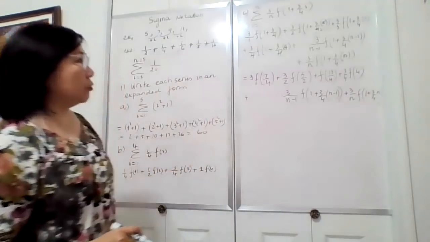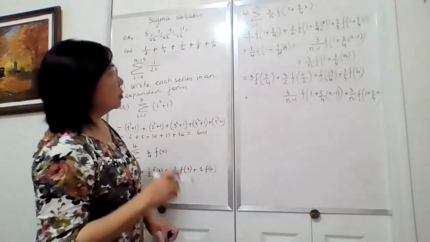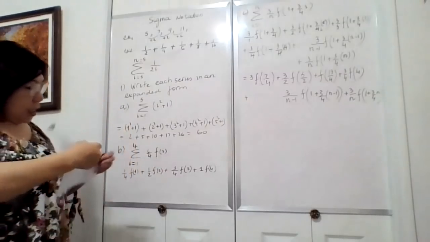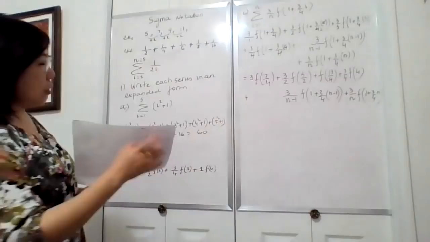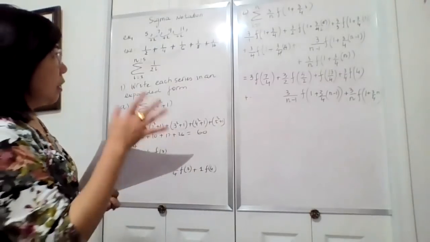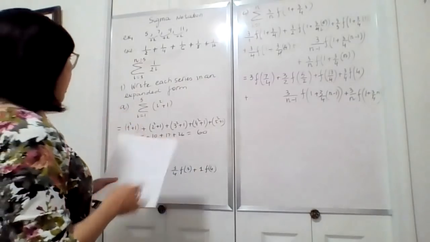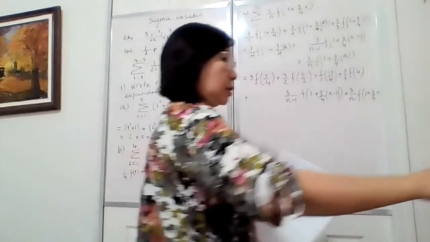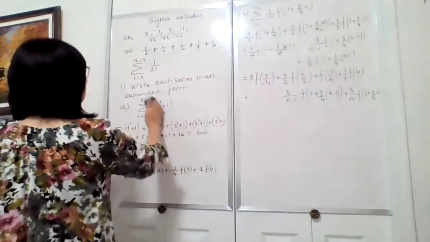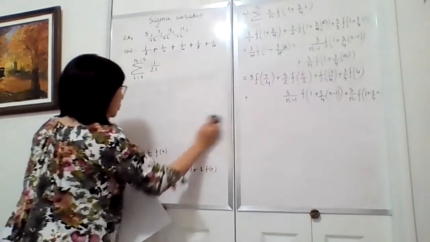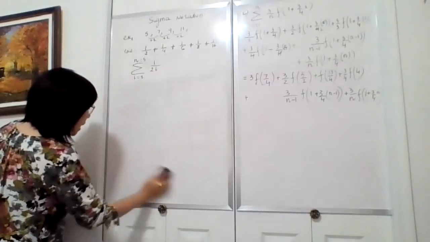That's we simplify a little bit. That's it. So that is the 3 examples I show you: how to use the sigma notation, how we write in expanded form. Now our next exercise, we go backward.